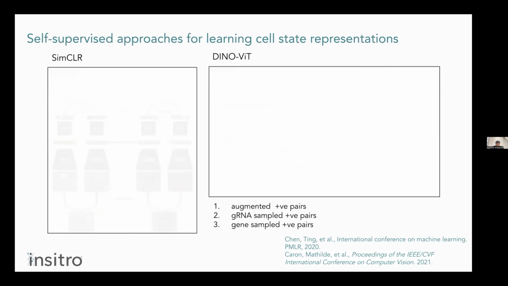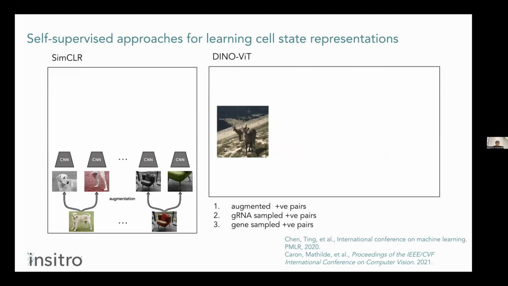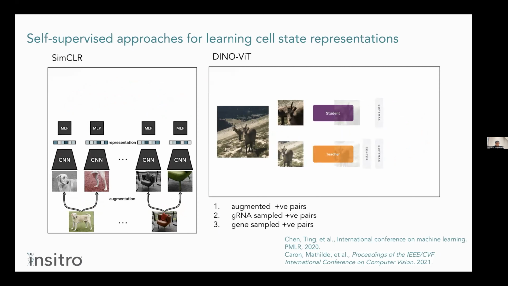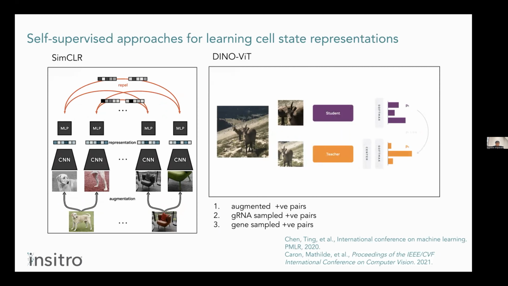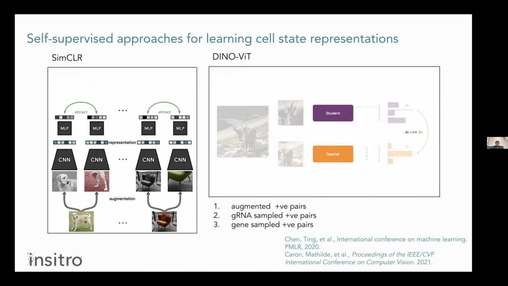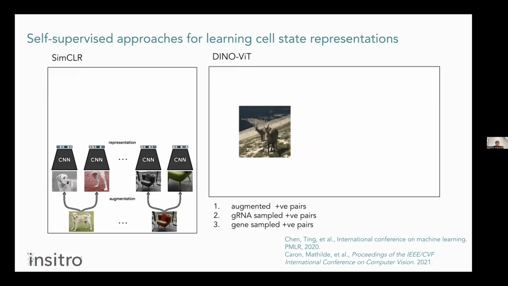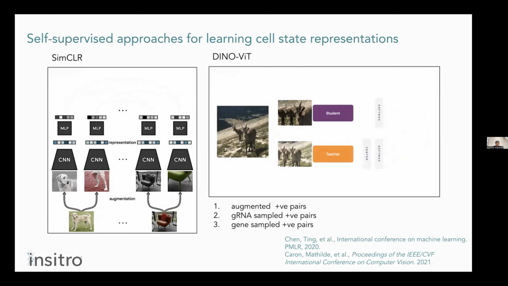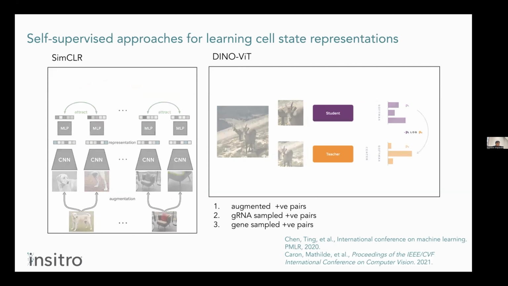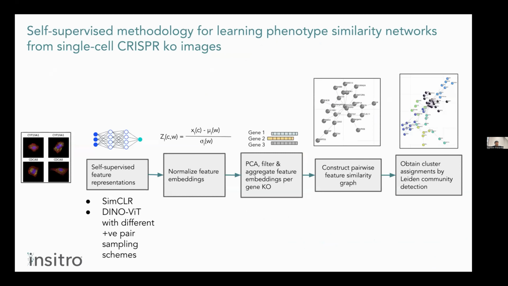In addition to the vanilla DINO training scheme, where augmented samples are used for training both the student and teacher networks, we also explored using guide RNA sampled positive pairs and gene sampled positive pairs, where the positive pairs were selected from cells having the same guide RNA or the same gene perturbation.